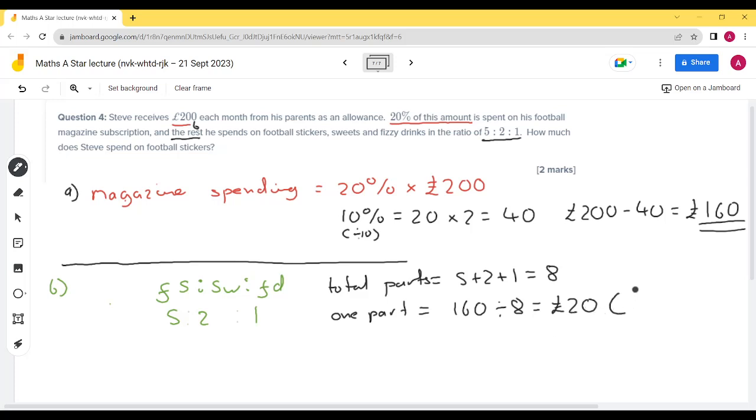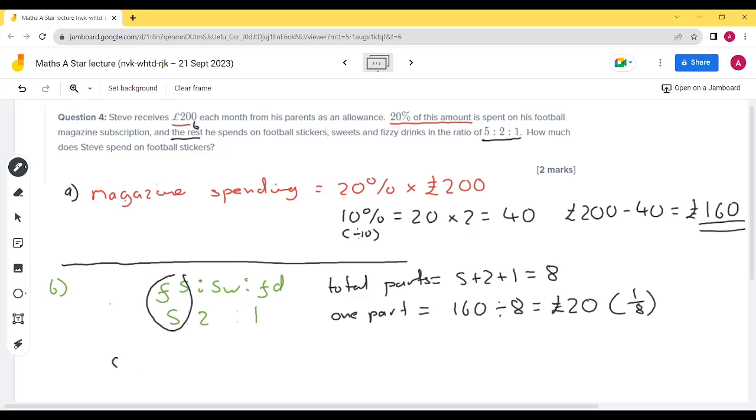Remember, the £20, what we've effectively worked out there is 1/8, because splitting something into a ratio and finding a fraction of an amount, there's no material difference. You're doing the same thing. And so finally, we want to find out how much he spends on football stickers. Well, football stickers, if we look at our ratio, is 5 parts.